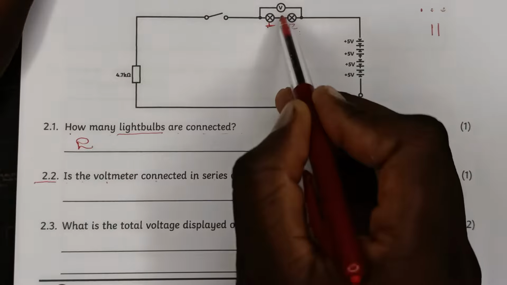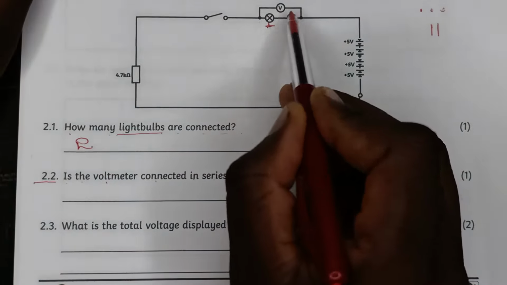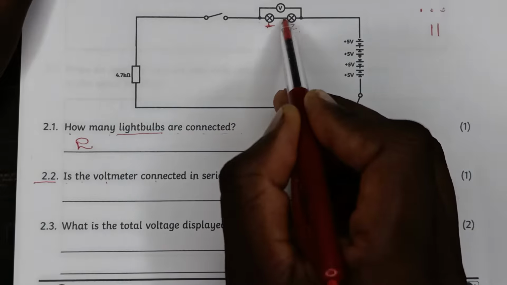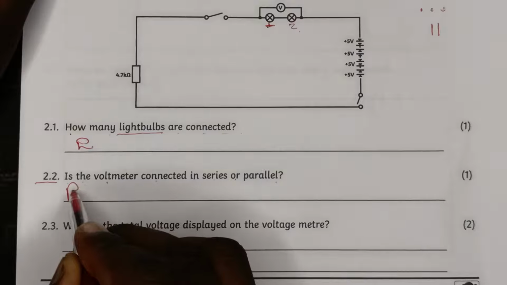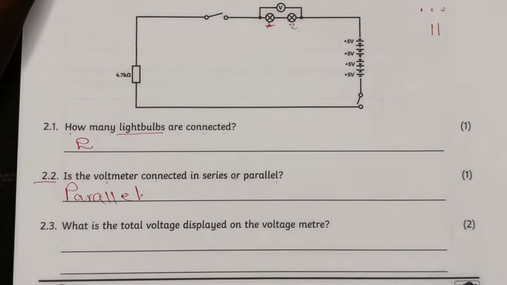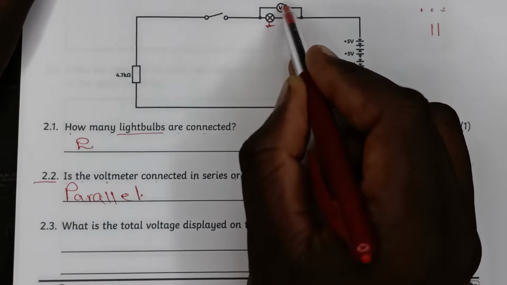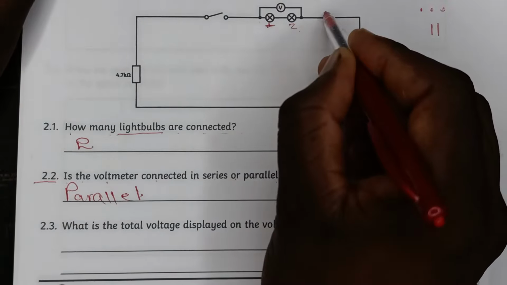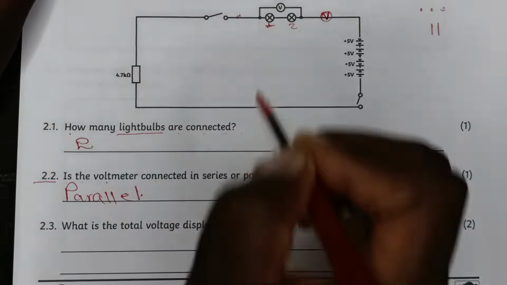No. It's connected in parallel with this, because this line sits parallel to this one. So the answer is parallel. If it was in series, then the voltmeter would have been somewhere here or back this side.